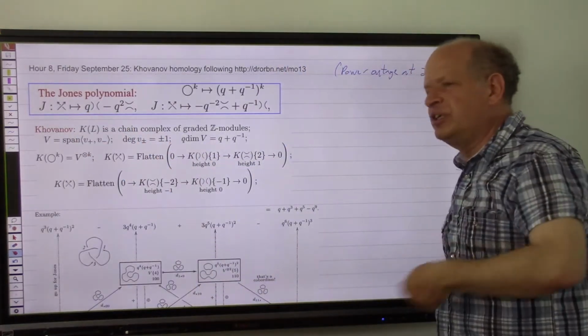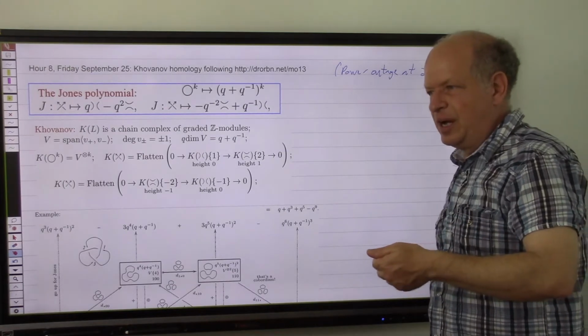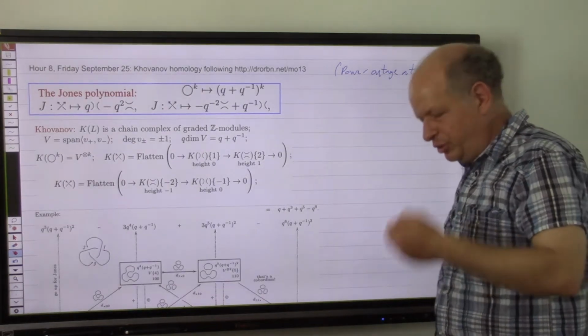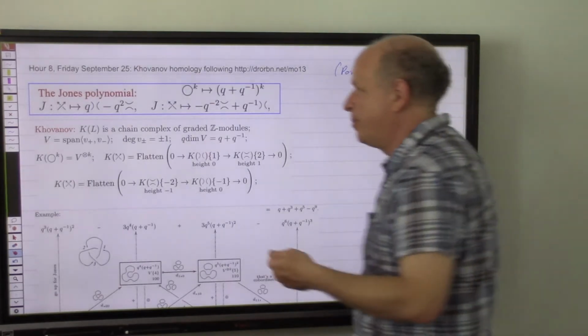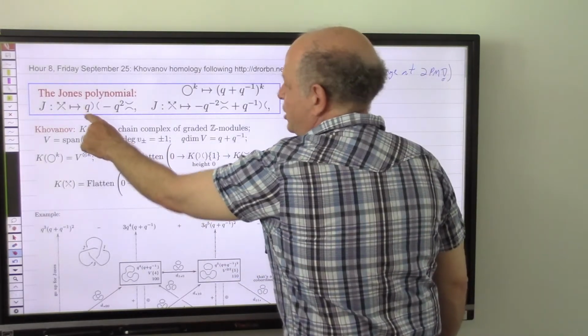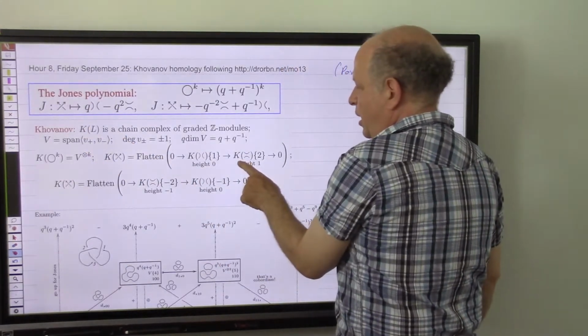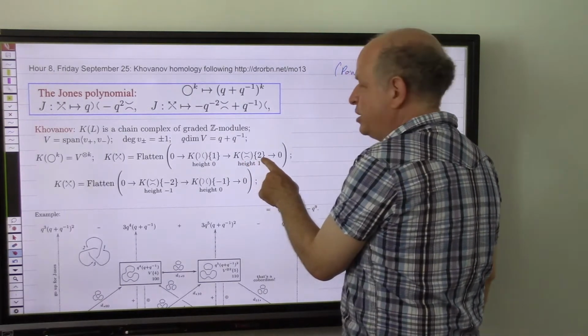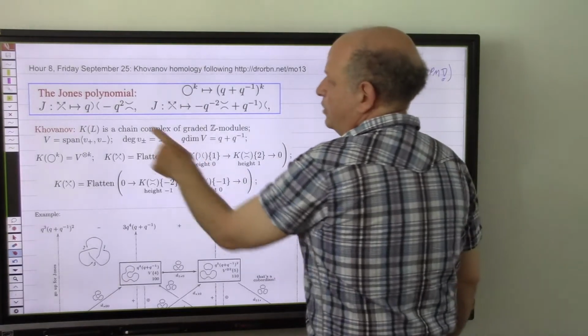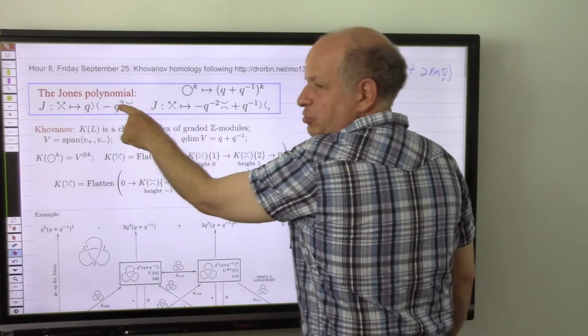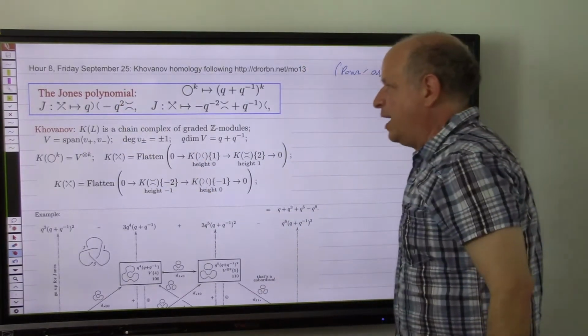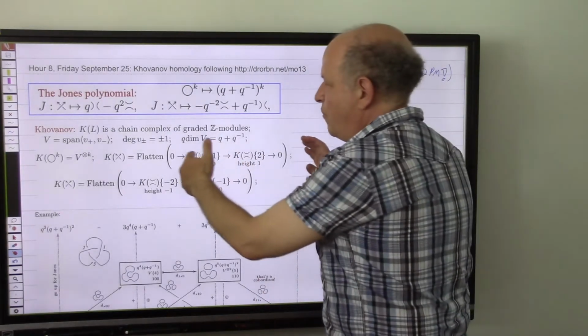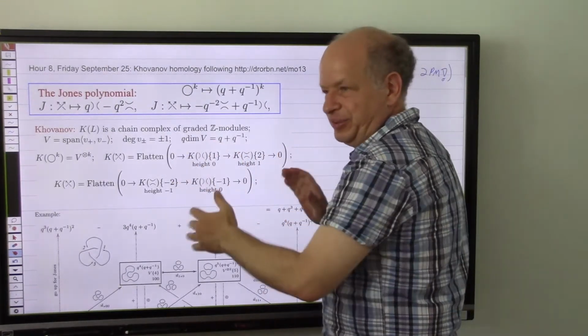You shift all the degrees of everything in it up by 1, and again that corresponds to this q. And then you look at the one smoothing and you shift all the degrees by 2. That corresponds to this q squared here. And then you flatten the result.